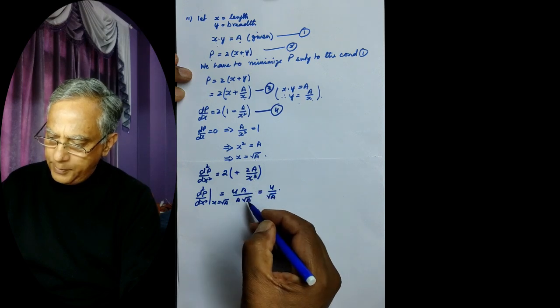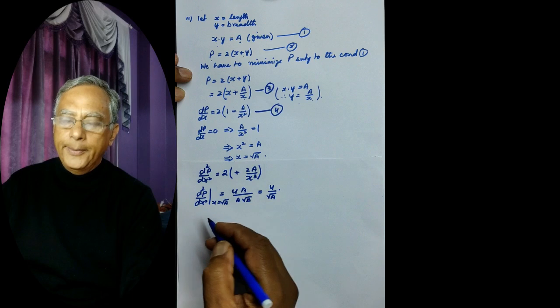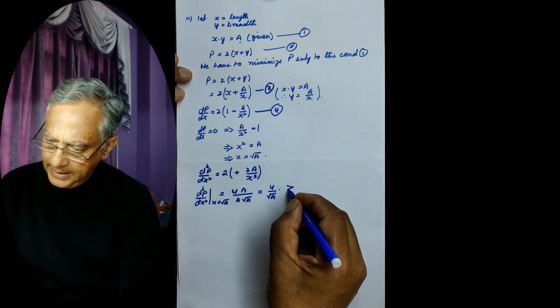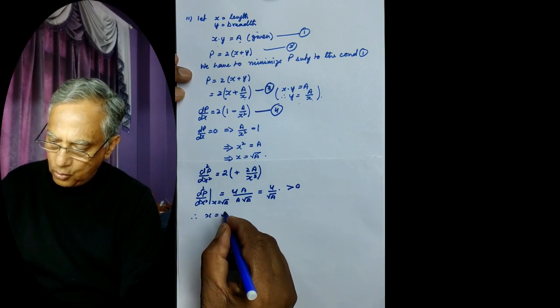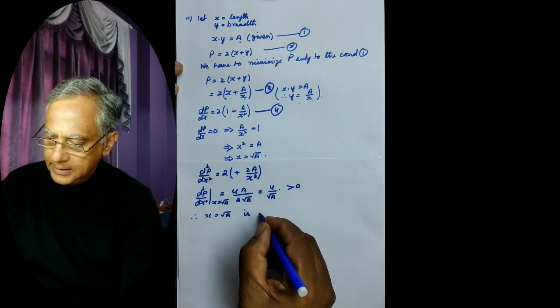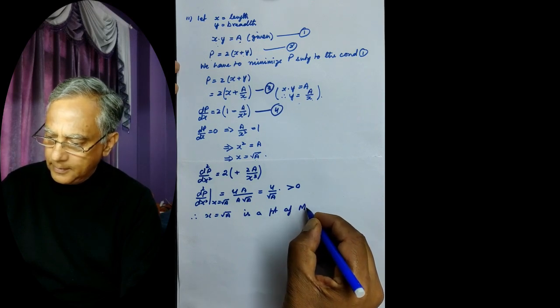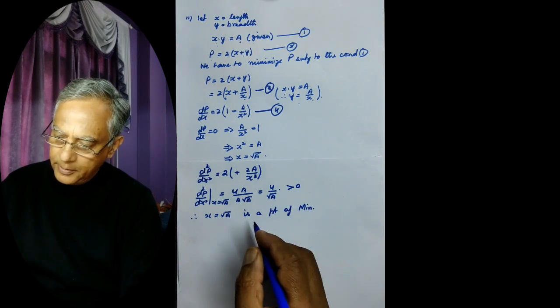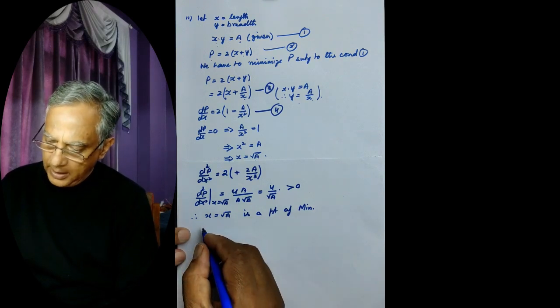Root a cube is a root a, cancels, we get 4 over root a, which is greater than 0. Therefore x is equal to root a is a point of minimum. This is a point of minimum.